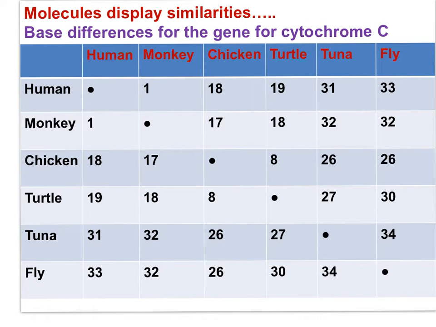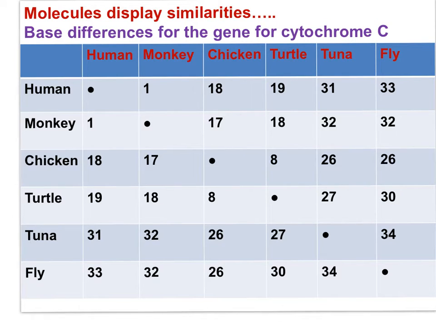The data on this slide represents the number of base differences between different species for a single gene known as cytochrome C. You can see that the number of base differences between the human and the monkey is 1, while the number of base differences between the human and the fly is 33.